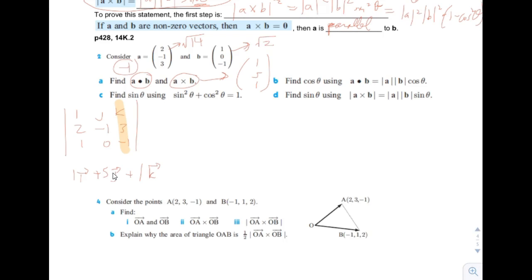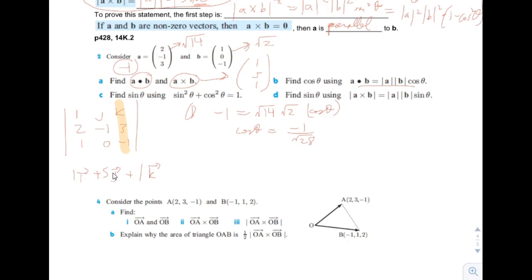Okay, so let's do B. It says to set up this equation, and we're going to have A dot B is negative 1, and magnitude of A is square root of 14, magnitude of B is square root of 2, and then cosine of theta is unknown. So you can see that cosine of theta we could figure out is actually negative 1 over the square root of 28, right?